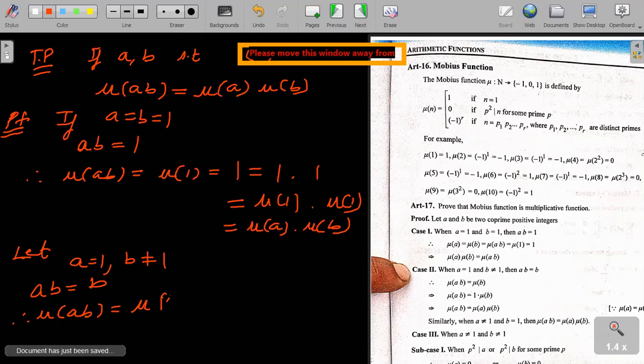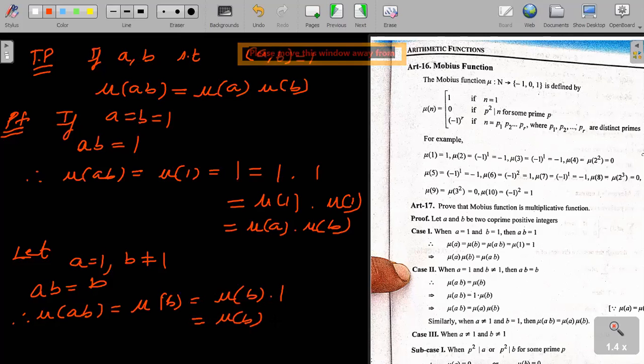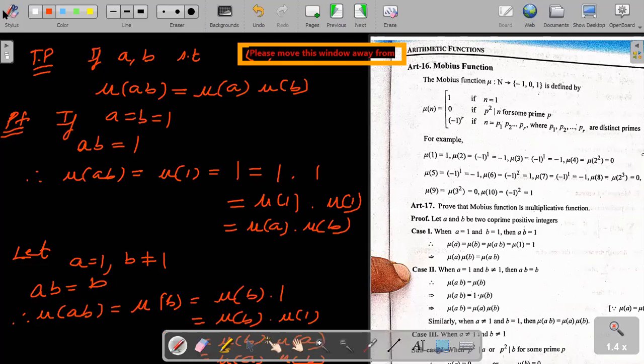So this is mu of b into 1, so mu of b into mu of 1, which is mu of b into mu of a. Which is the same as, because these are numbers, mu of a into mu of b. So mu of ab is equal to what? Is it fine, children? Yes, ma'am.